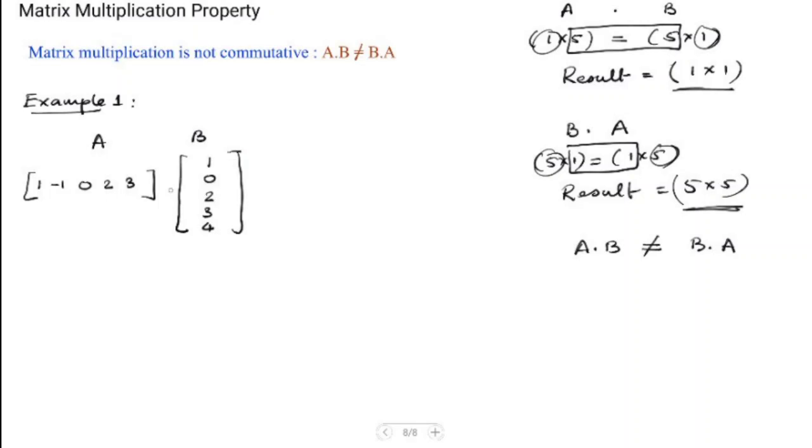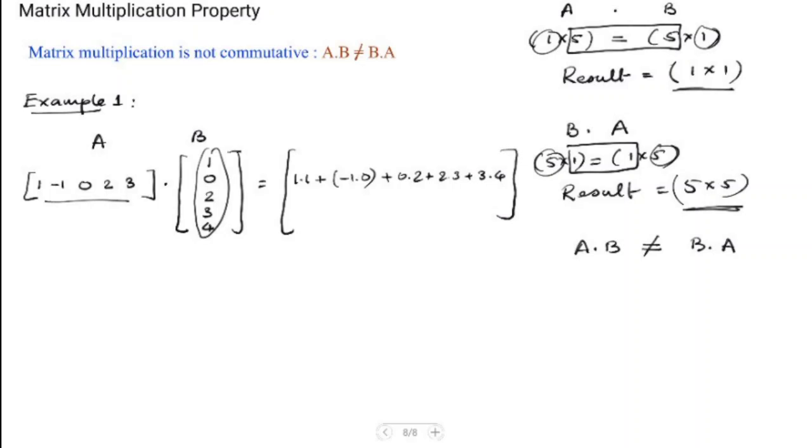Now if you multiply them, you get your answer as the row multiplied with the column. So you will get here 1 times 1 plus minus 1 times 0 plus 0 times 2 plus 2 times 3 plus 3 times 4. That's all. It's a 1 by 1 matrix.